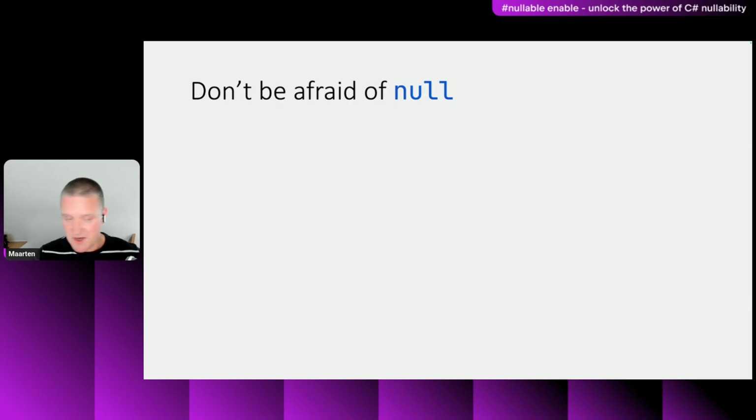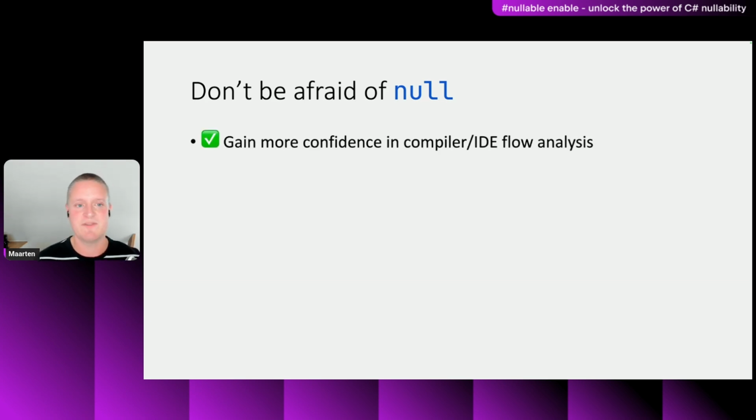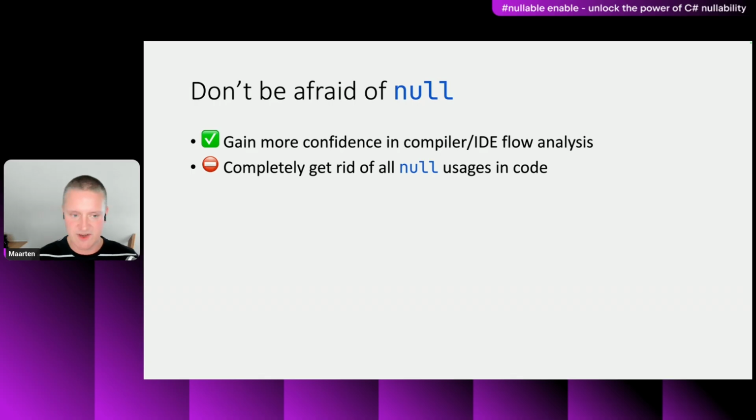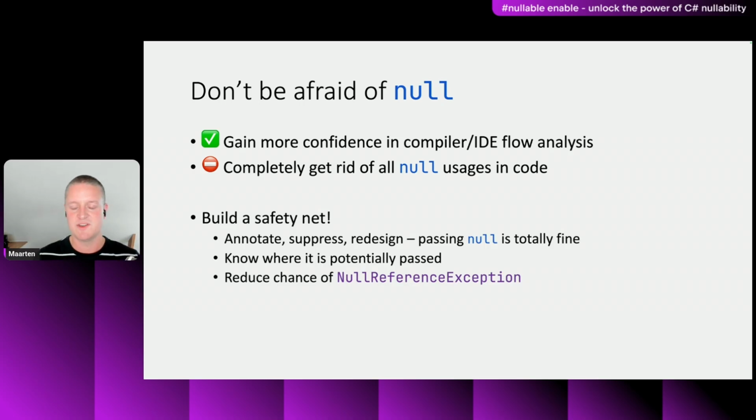One thing with this talk: don't be afraid of null. I'm saying null is bad, but that's actually not the main message of this talk at all. Don't be afraid of null. Nullable reference types will help you get more confidence in compiler and IDE flow analysis. It's impossible to get rid of all of the null usages in code, especially with third-party libraries and so on. That's not the goal, but you want to build a safety net for dealing with null.